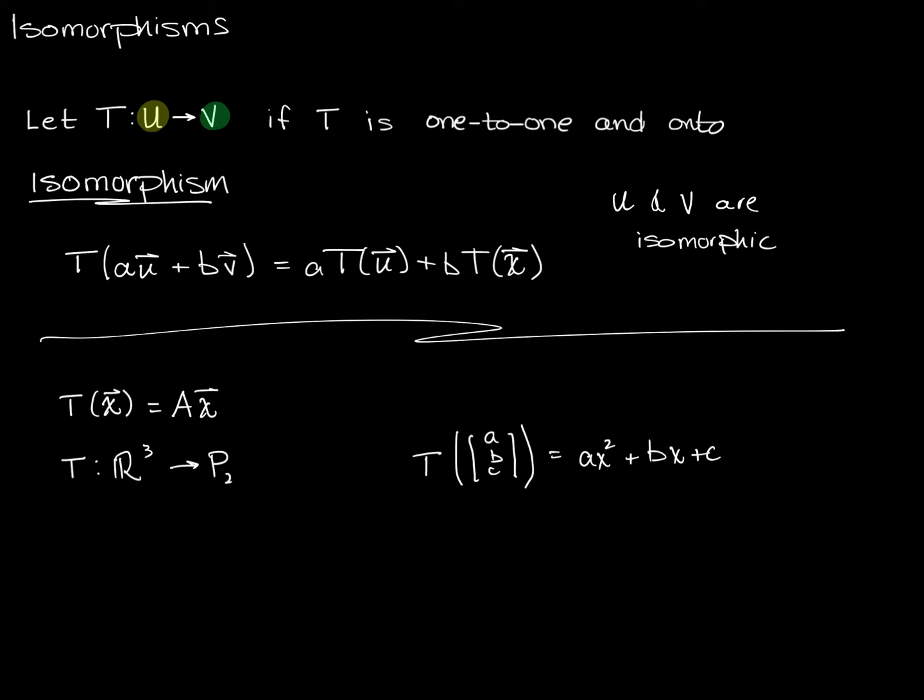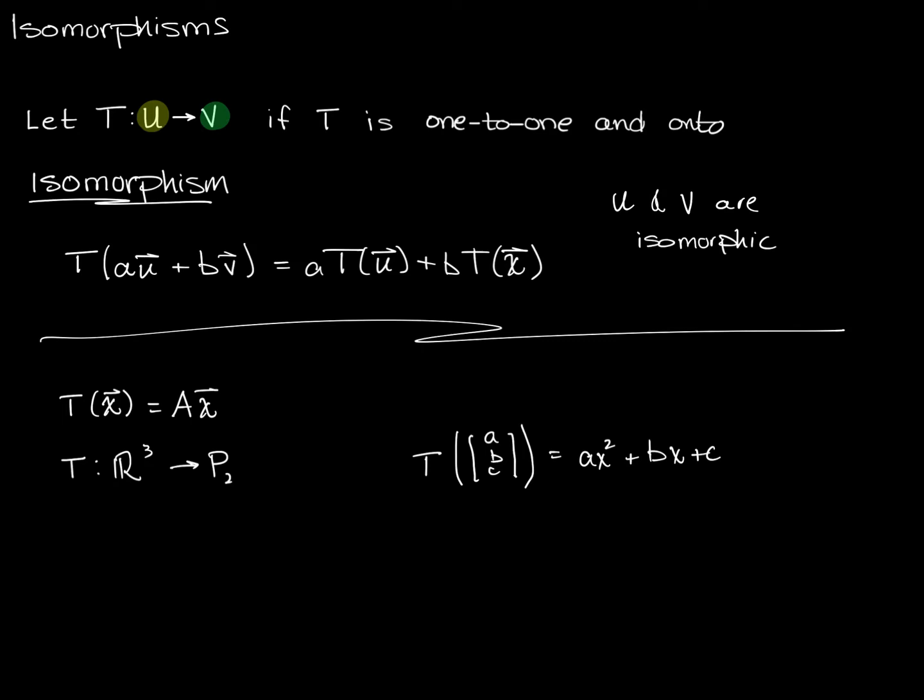In this case, though, you can't test a matrix like we could here because there's no matrix involved. There's no matrix multiplying from the left by this vector to produce this. It's some other transformation. So in this case, we kind of have to logic through whether or not the transformation is one-to-one or onto.